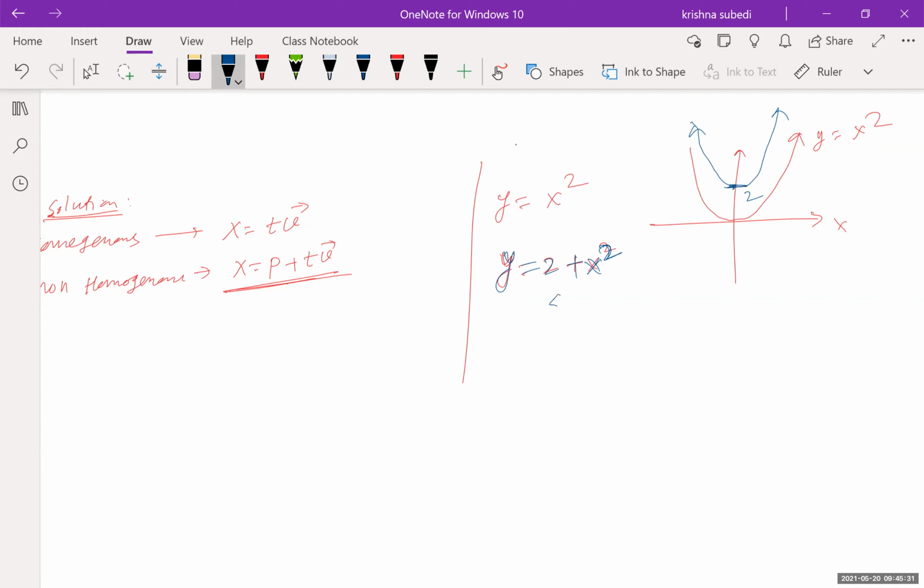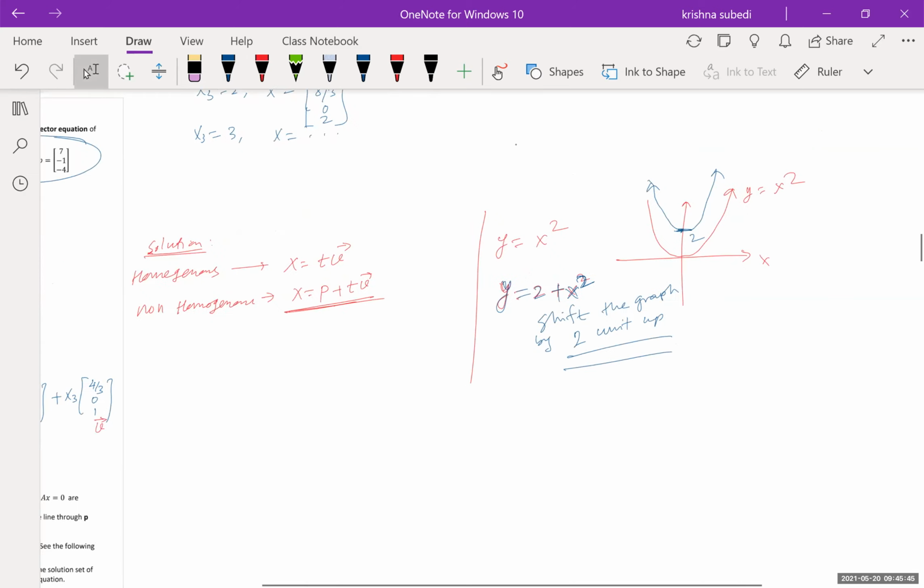So this means shift the graph by 2 units up, right? That's what it is. Now compare this. Earlier we have a line. Let's say this is a line, whatever line that is. Let's say this is our x equals tV. The figure is not drawn to scale.